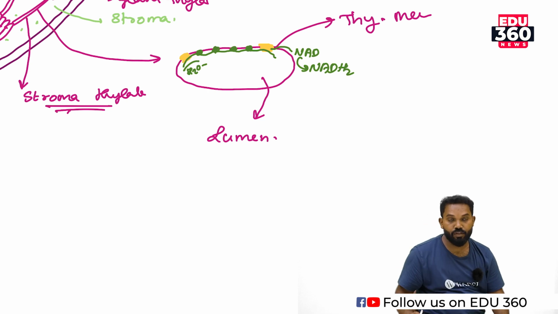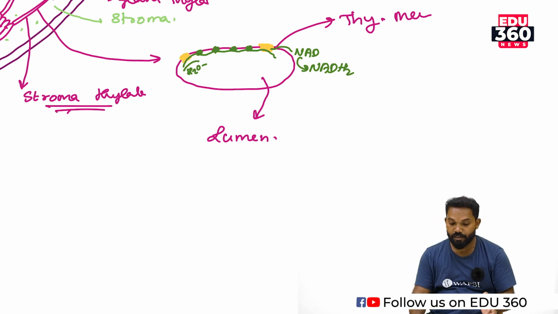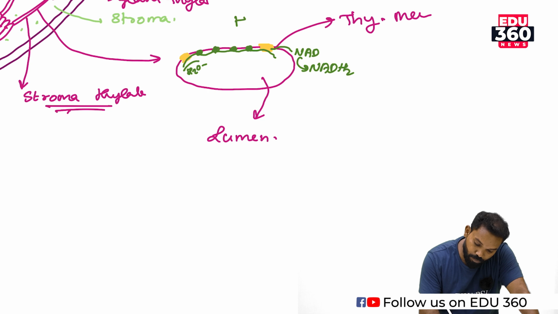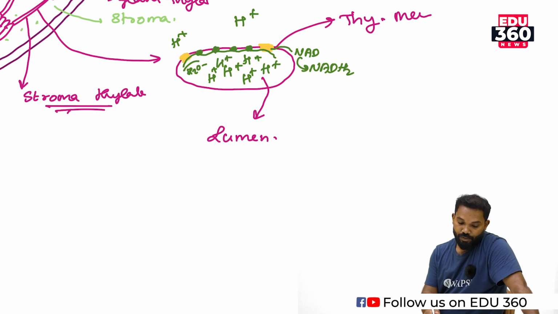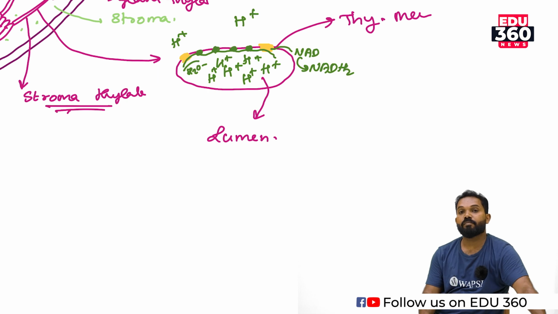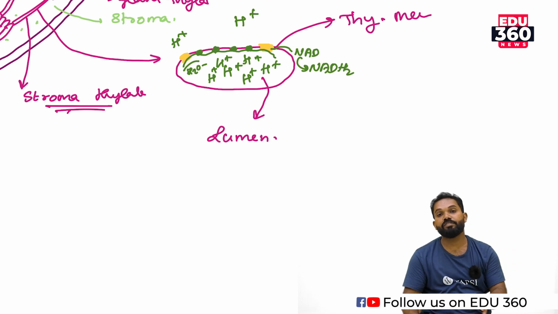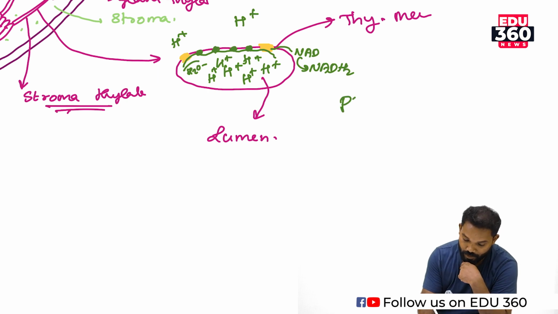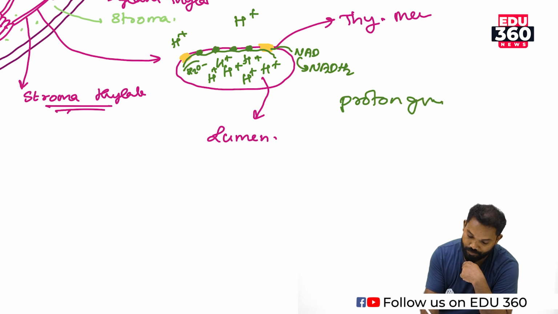This movement of electrons allows not only the transfer of electrons but also the movement of H plus ions across the thylakoid membrane. It increases the H plus concentration within the lumen, which creates a concentration gradient, or proton gradient.